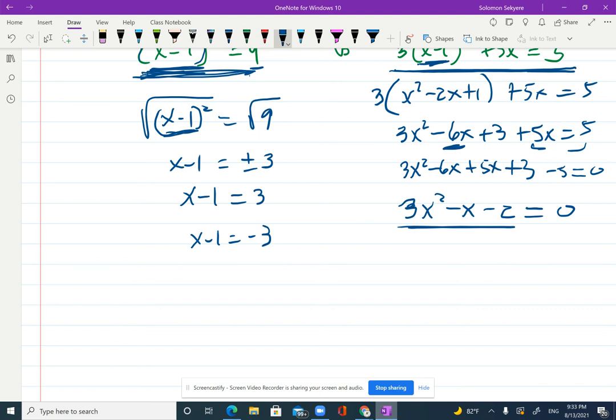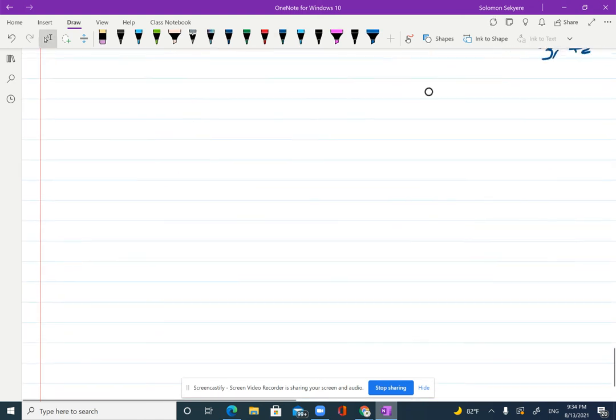This is what you are going to factorize and solve for your x, right? Using the AC method, right? 3 times negative 2 is equal to negative 6. Factors of negative 6 that add up to negative 1. What is that? Negative 3 and then what? Positive 2. Okay, so you get that one?